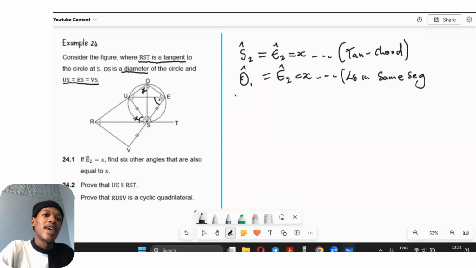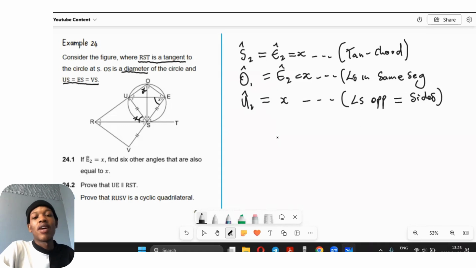Which other angle is equal to X? It's U2. Angle U2 is equal to E2 and is equal to X. How come? Angles opposite equal sides are equal, or equal sides subtend equal angles.